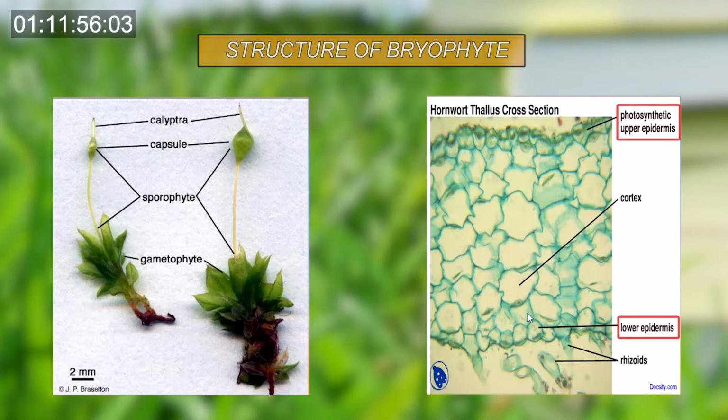The epidermis usually protects the plant during desiccation and against extremes of temperature, since it is covered by a substance known as cutin. Within the epidermis is the cortex, and at the base of the lower epidermis are rhizoids, which, as I said earlier, perform the functions of anchorage and absorption.